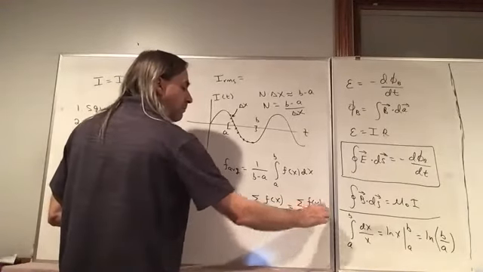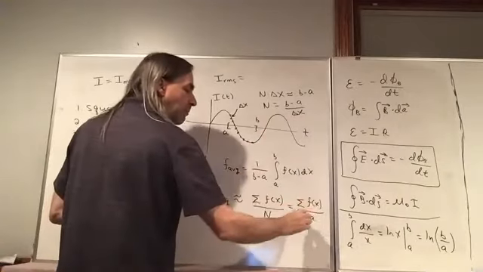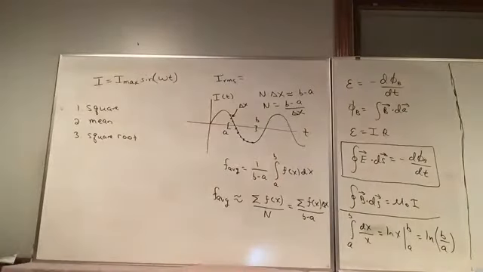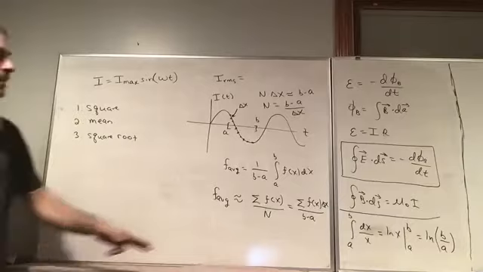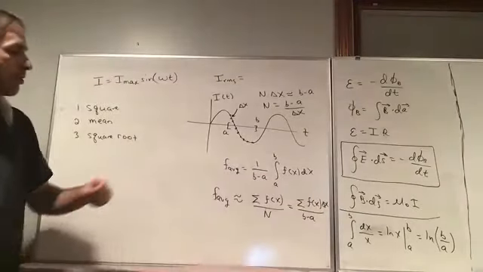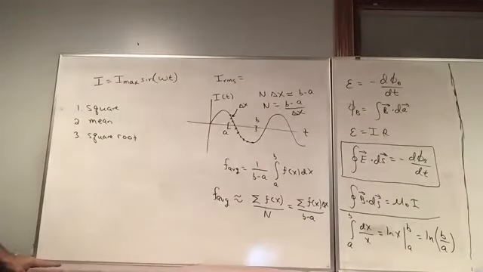And you can see if we take the limit that delta x is small, this sum is going to become an integral. We can kind of see where this formula comes from.